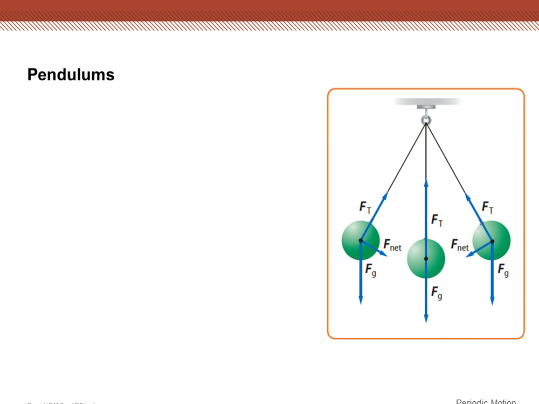A pendulum is another example of simple harmonic motion in that it has this periodic motion that repeats back and forth. The difference here is that our conservative force is not the elastic force of a spring, but the force of gravity.